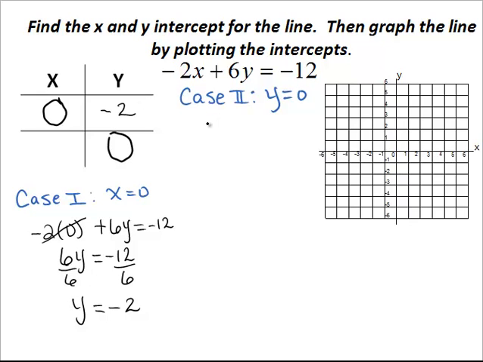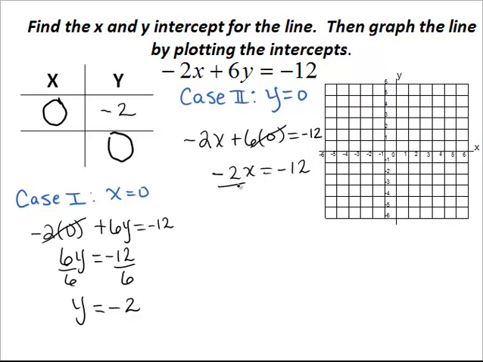In the second case, we have y equals 0, so instead of writing y here, we will substitute 0 for y. We have negative 2x plus 6 times 0 equal to negative 12. Now recall in this case that 6 times 0 is 0, so then we will just be left with negative 2x equal to negative 12.